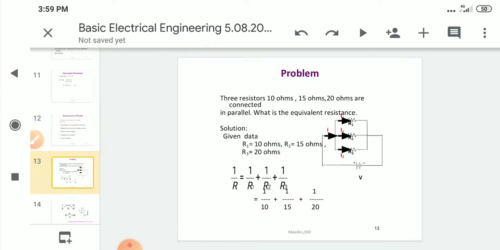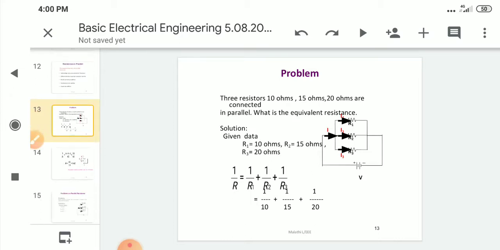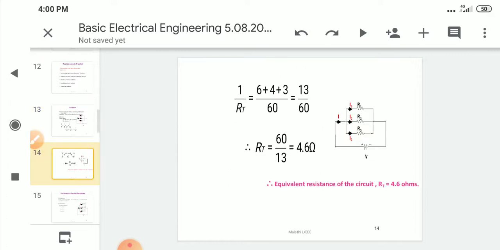Let's solve one problem. Here three resistances 10 ohms, 15 ohms and 20 ohms are connected in parallel. What is the equivalent resistance? 1 by R is equal to 1 by R1 plus 1 by R2 plus 1 by R3, which is 1 by 10 plus 1 by 15 plus 1 by 20.